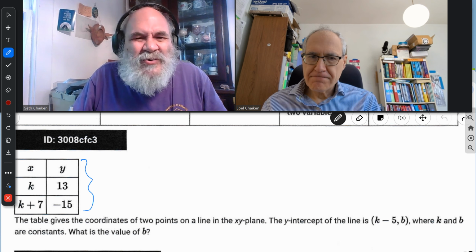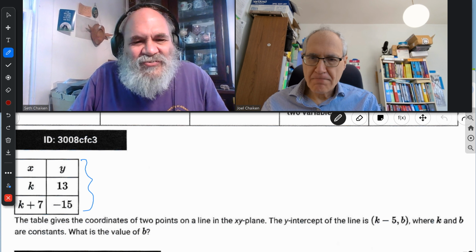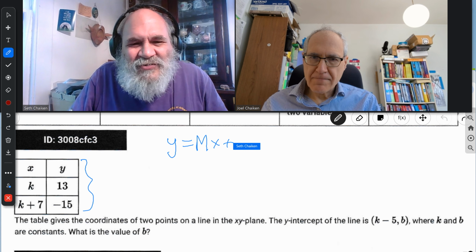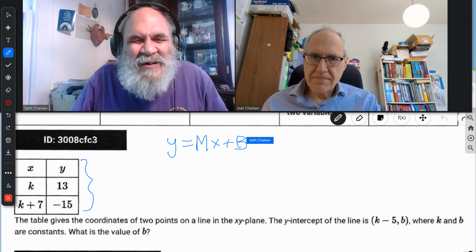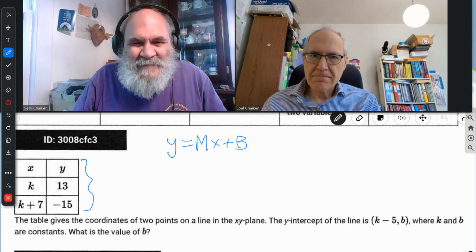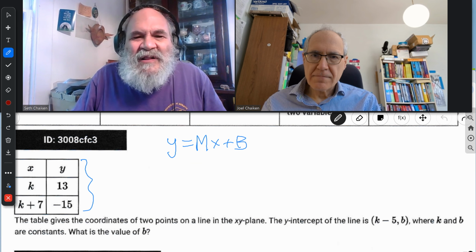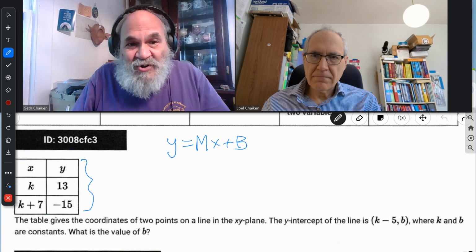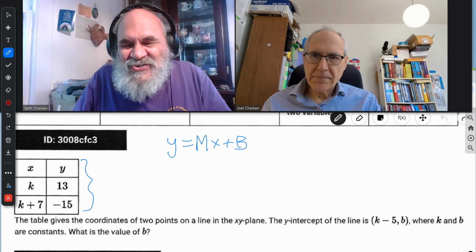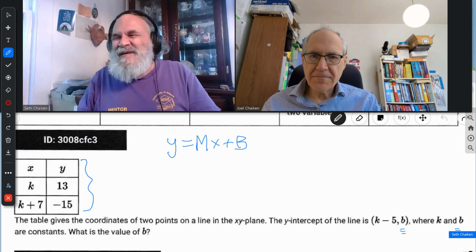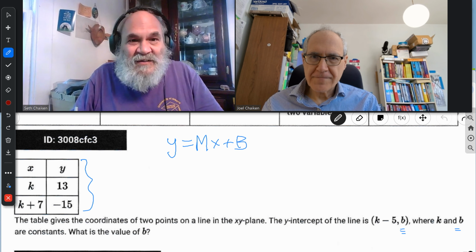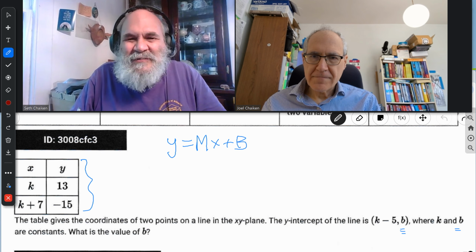So what I'm going to do is write the standard slope-intercept form for the equation of a line. And I'm using capital M and B because the question has a lowercase b in the data. Now, I can figure out what M is.